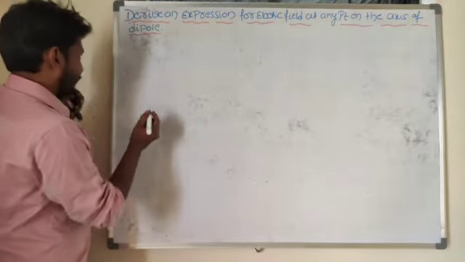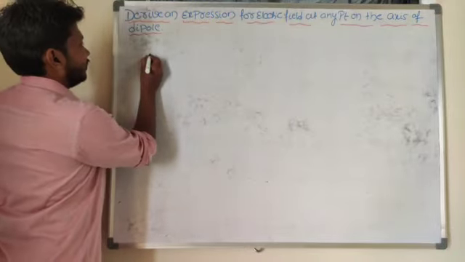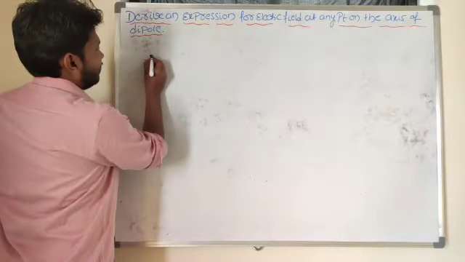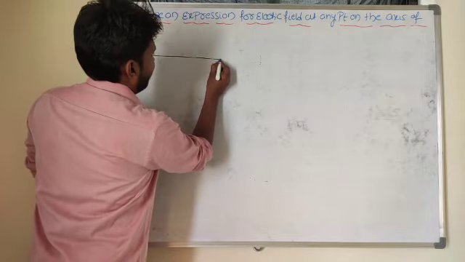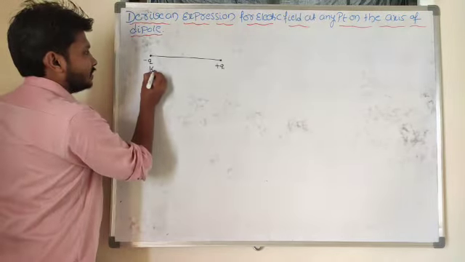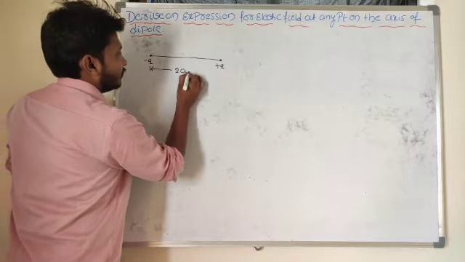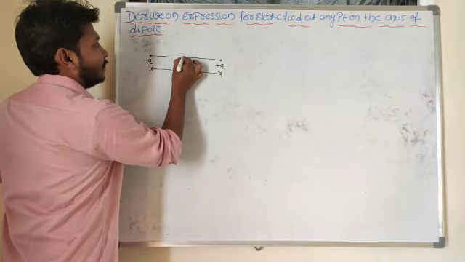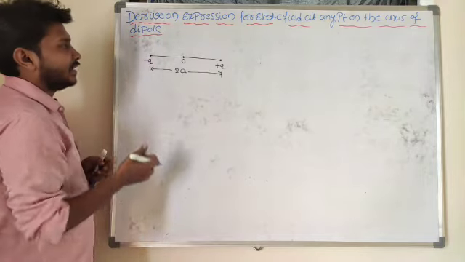In order to derive that equation, first I will consider the dipole here. The dipole consists of two charges, one is minus q and another one is plus q, and the separation between these two is 2a. That is the dipole length. Let O be the center of the dipole.